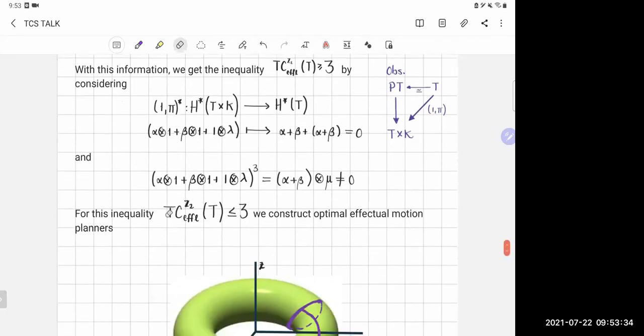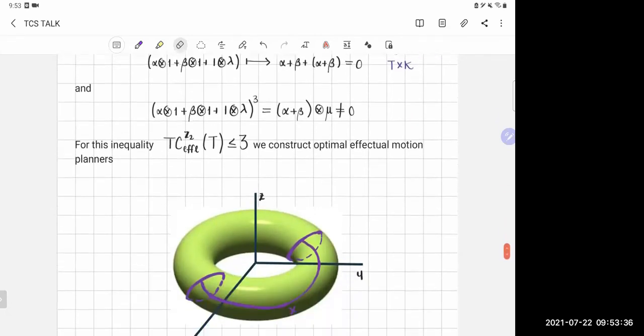For this one, we construct an optimal effectual motion planner with 4 local domains.